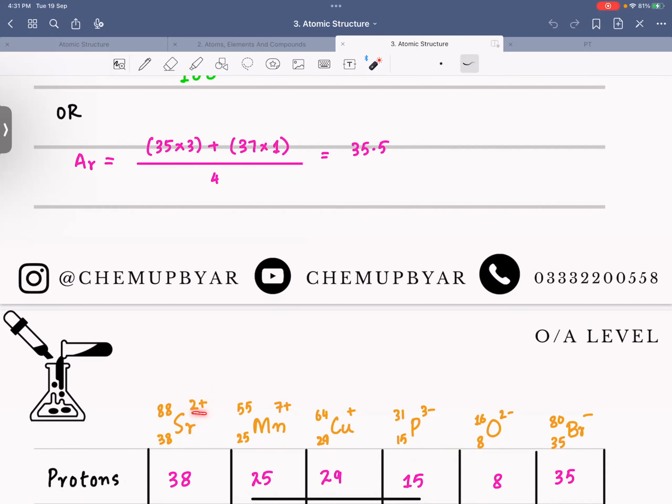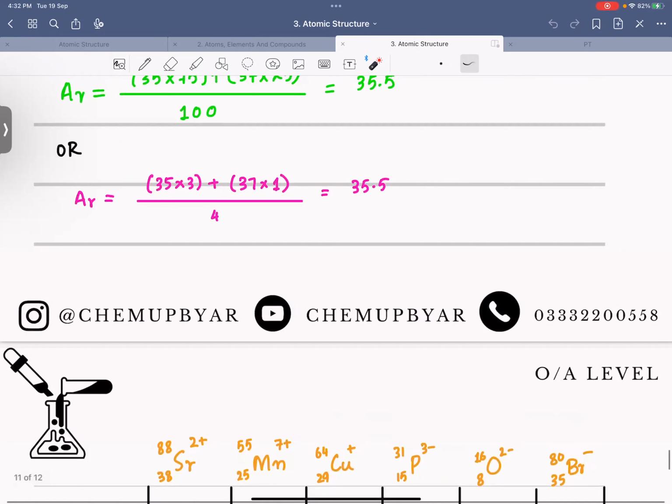Yes, Khatija, can you tell me? They are showing that they are ions. Okay, they are ions, that's fine if they are charged. But if there is a charge of two positive, then what can we conclude from this? It lost its two electrons. It has two electrons lesser than the protons.